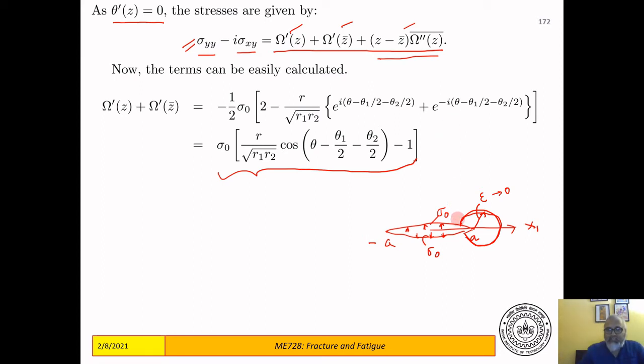When you are in a small circle like this, you don't see this edge and you think that the crack is actually infinite.